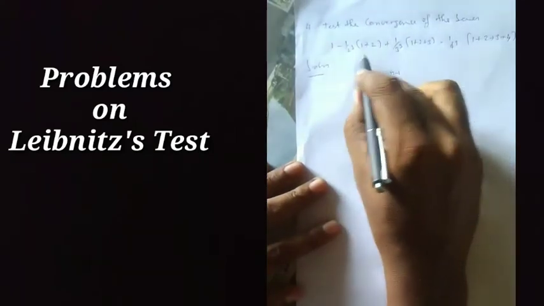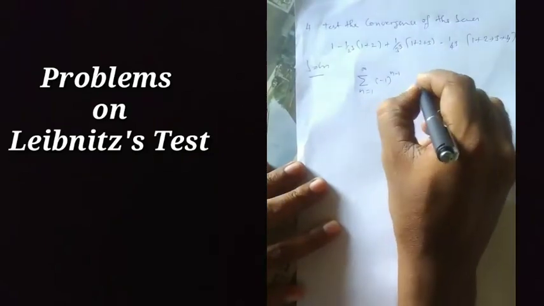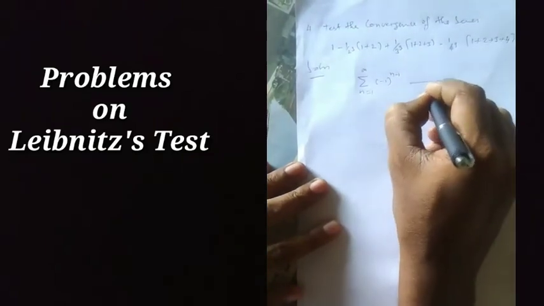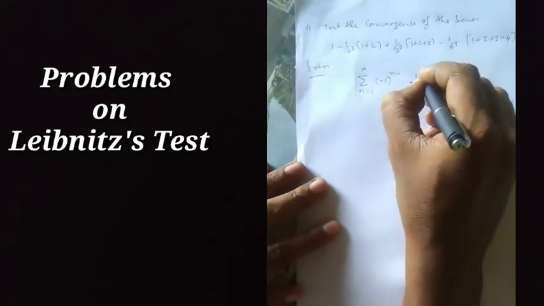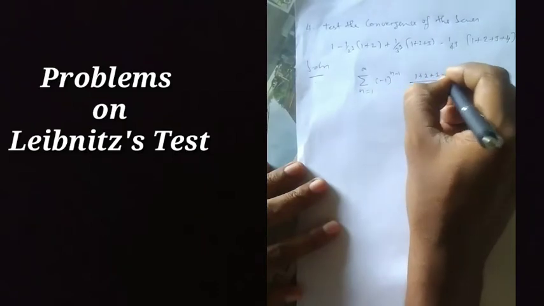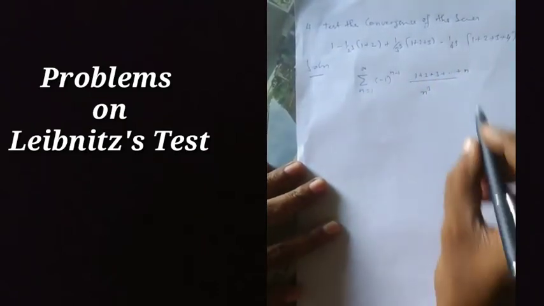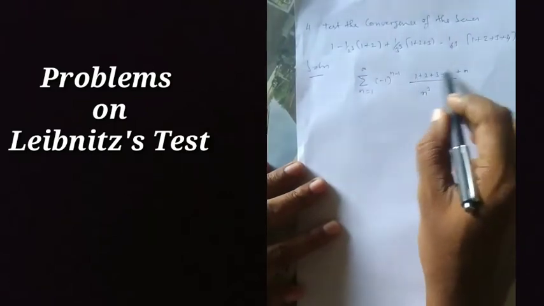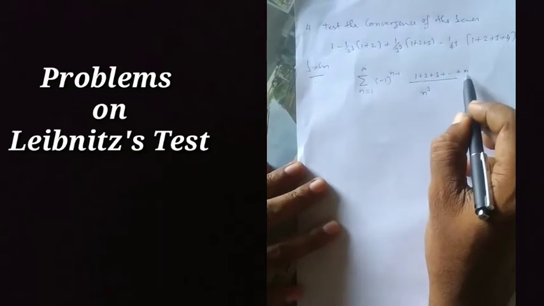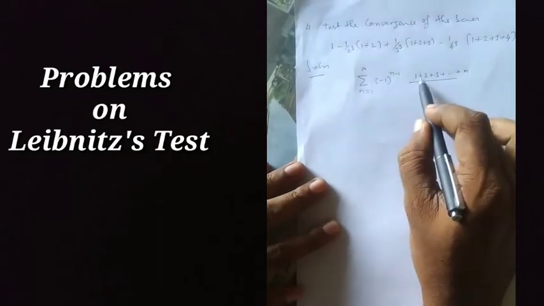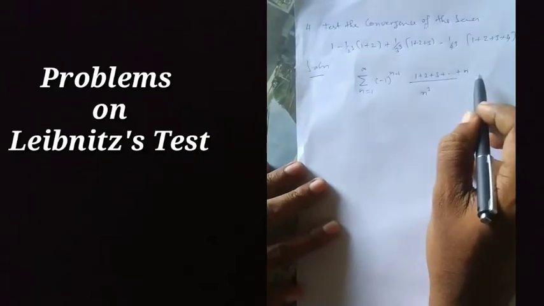And in the denominator we have n power 3, and in the numerator we have 1 plus 2 plus 3 and so on up to n. And what is the formula for this? This is the sum of the first n natural numbers, and we know that the formula for it is n into n plus 1 divided by 2.